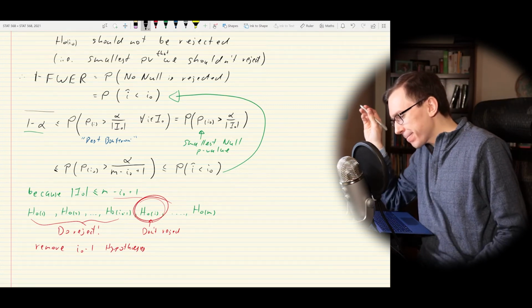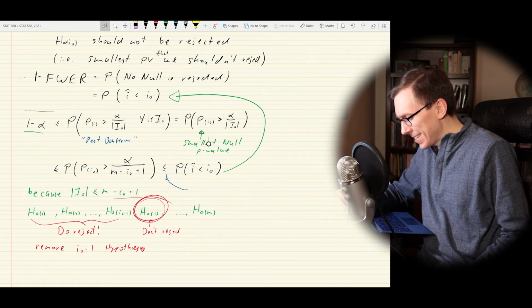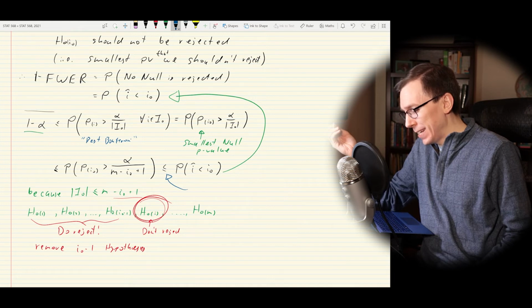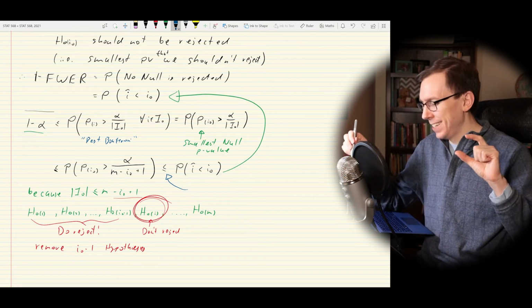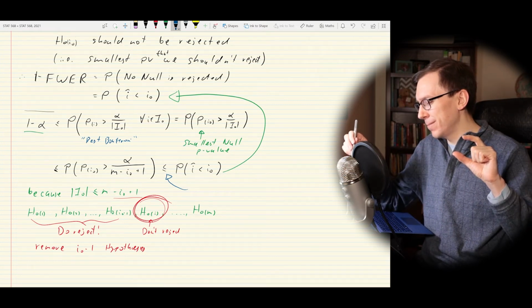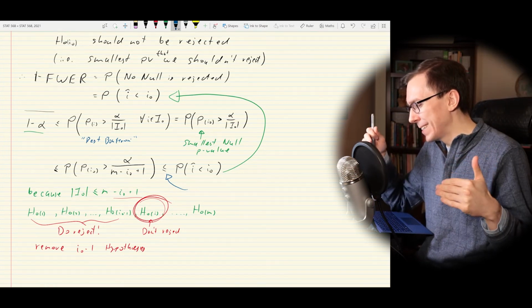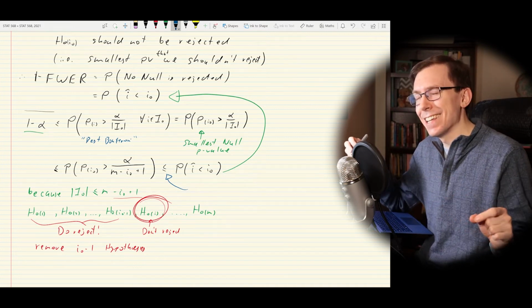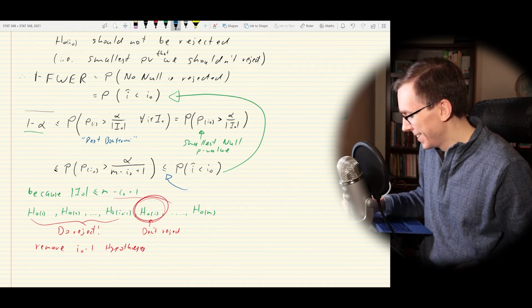So wait, why is this last one true? Right, we always have to check these things and make sure they all make sense. This last one is true because of the event that the smallest null, that is, I naught, is not rejected. Saying this in English is the worst, right?